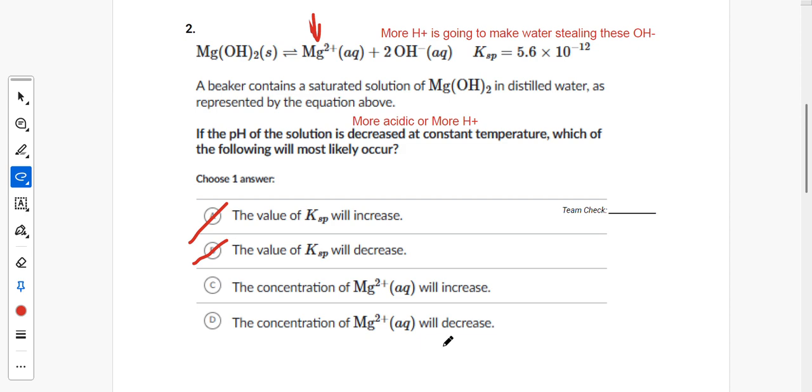And we know from Le Chatelier's principle that removing products will cause it to shift to the right, and it will also make more of the products as well. All of the products will be created in more abundance. So therefore, we know that the answer is C, okay? And that has to do with Le Chatelier's principle and that shift.